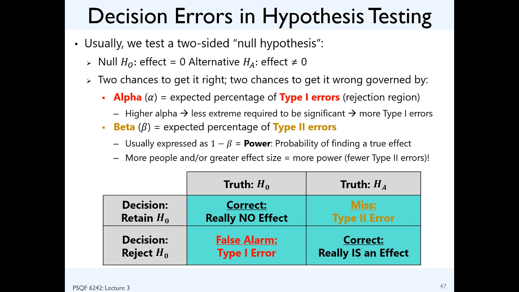Significant is reject. Therefore, we have two alternatives. There really is an effect and we found it, hooray. Or we're saying there's an effect and there's really not. So these are the only two possibilities conditional on the fact that we have already rejected H0. Power is not a problem by definition. Now, how do we answer this? What if the reviewer says, I think you made a type 1 error?